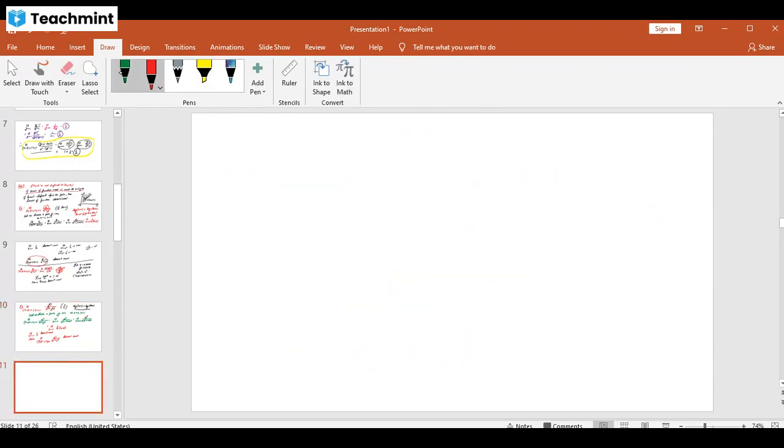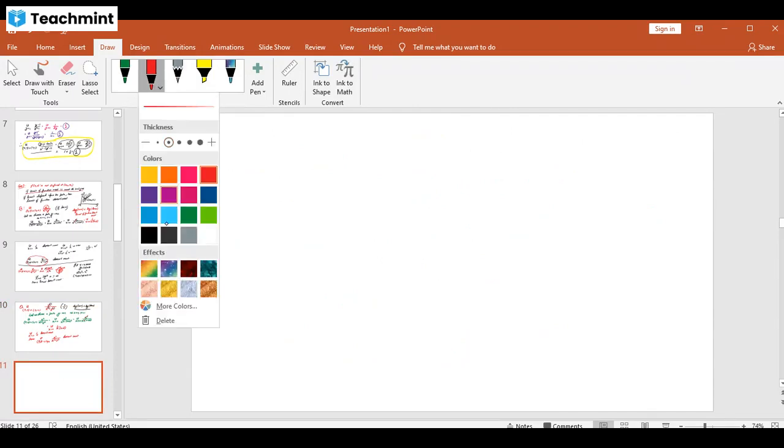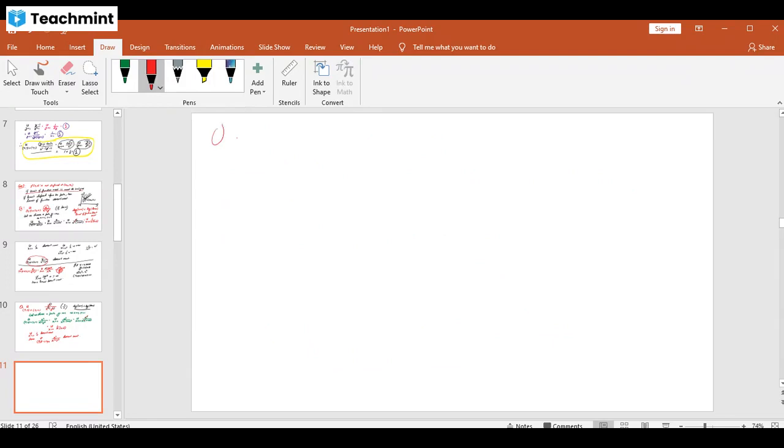Now let us consider another problem. This is a bit different problem, where we are given the limit as (x,y) approaches (0,0), but this time the function is x power 4 y square upon (x power 4 plus y square) whole square.